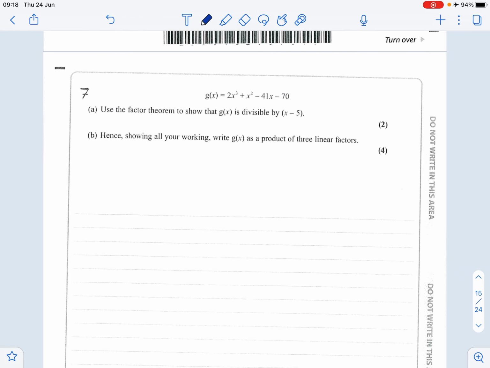Question 7. So we got this function g(x), and we want to use the factor theorem to show that g(x) is divisible by x minus 5. So what the factor theorem is saying is that if x minus 5 is a factor, then g(5) must equal 0.